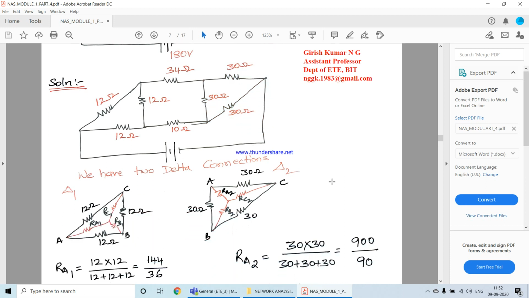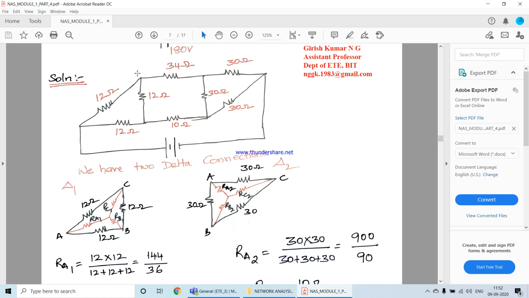Here we have 12 ohm, 12 ohm, 12 ohm, then 30 ohm, 30 ohm, 30 ohm. Now I am replacing this delta with the star which I have written inside the delta, in red color. I need to calculate those resistance values so that I can replace this delta with star. Similarly here I need to find the values of RA2, RB2, RC2 so that I can replace this delta format into star.